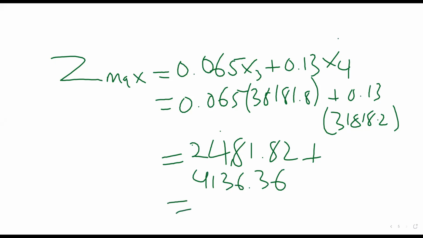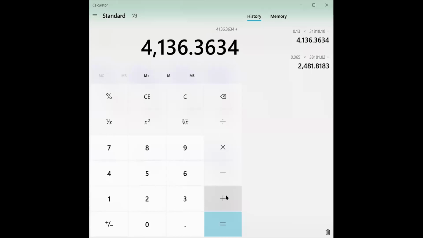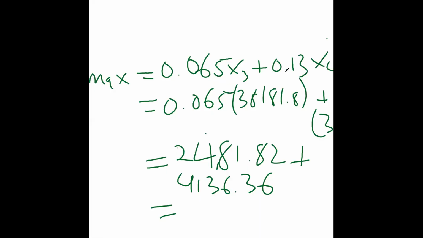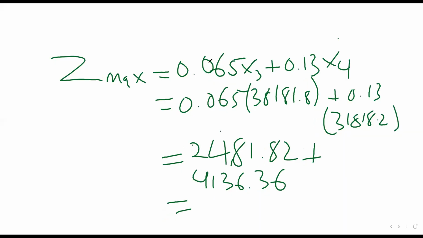When you add that one to the amount we had, what was the amount? The amount we had was 2,481.82.